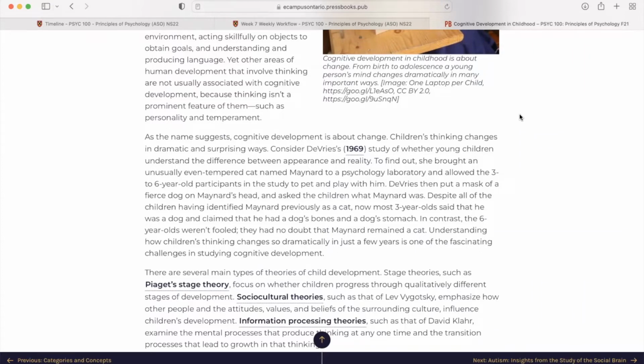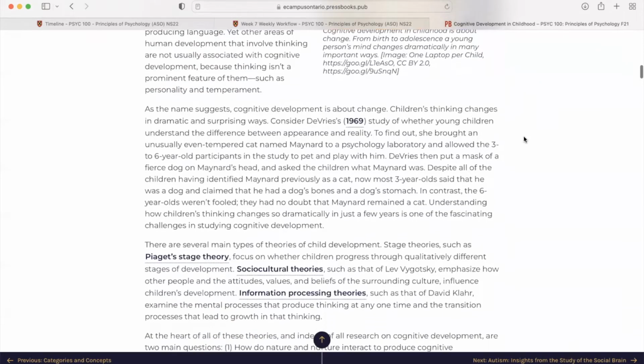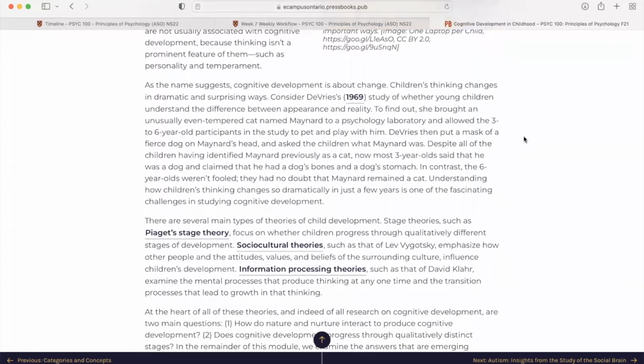In 1969, DeVries did a study of whether young children understand the difference between appearance and reality. To find out, she brought an unusually even tempered cat named Maynard to a psychology laboratory and allowed the 3 to 6-year-old participants in the study to pet and play with him.